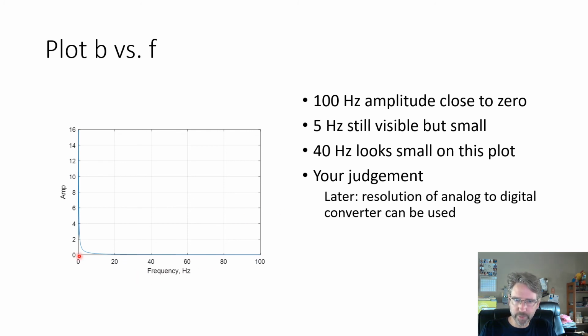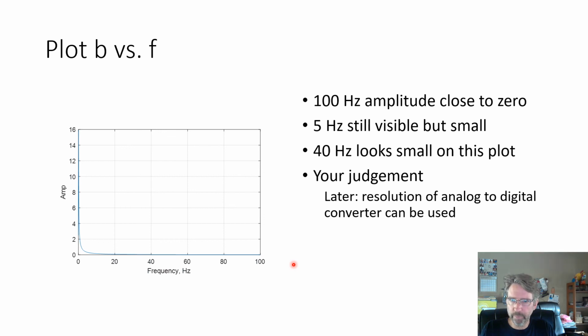Looking at this graph, 5 hertz is down here, and it's definitely not 0, but it is small. At 40 hertz, we're looking very small, and remember we said 100 hertz was definitely good, and it's right there on the line to the precision of this graph. So this is the best convincing way to decide what FM is using frequency analysis.